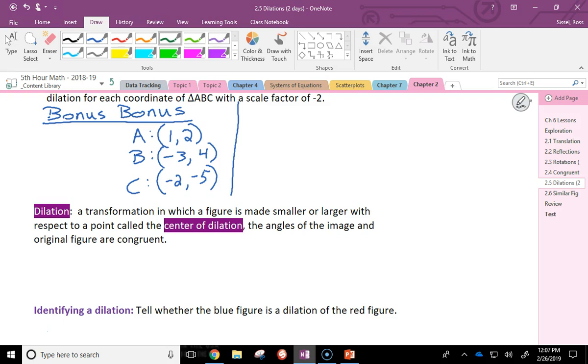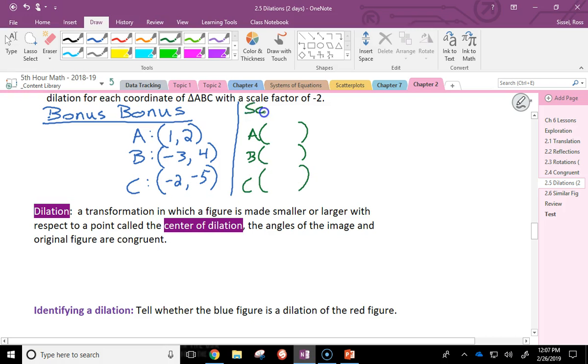Alright. Okay, here's your bonus. For your bonus, I need to find out what would you have said are the coordinates if my scale was -3.